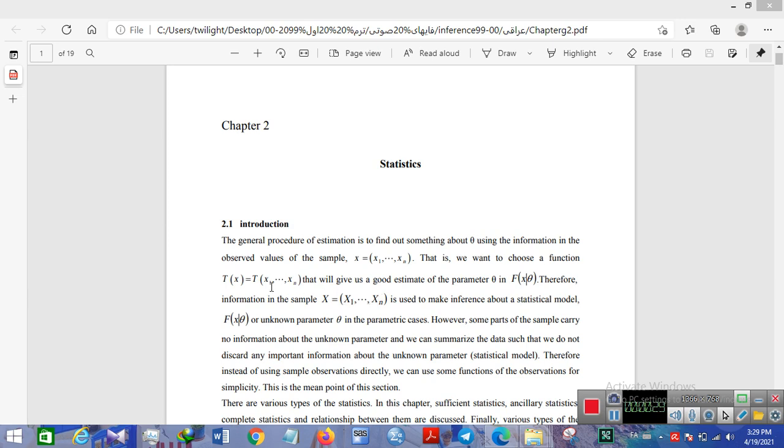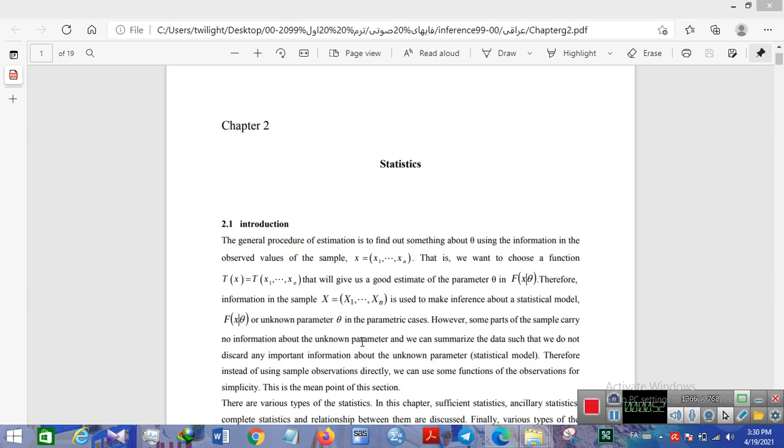T(x) is a function of this value, and we use T(x) to estimate the parameter theta or to test hypotheses about theta.